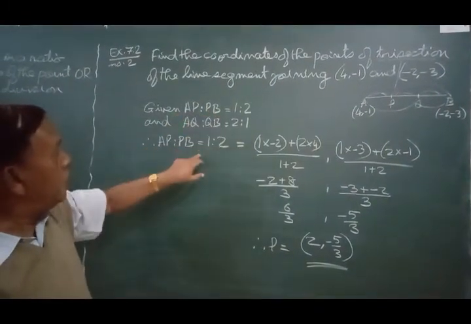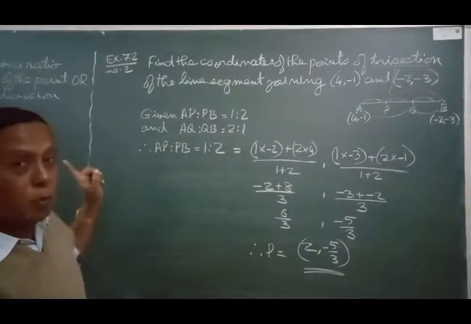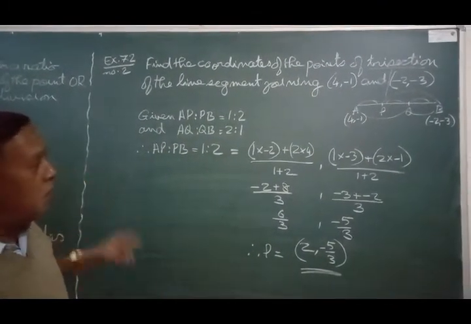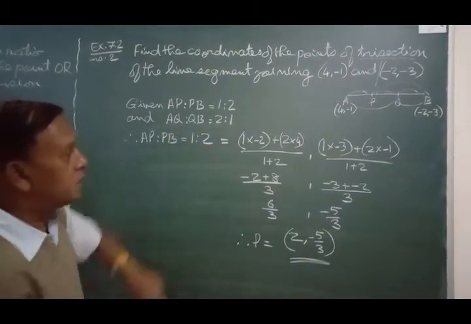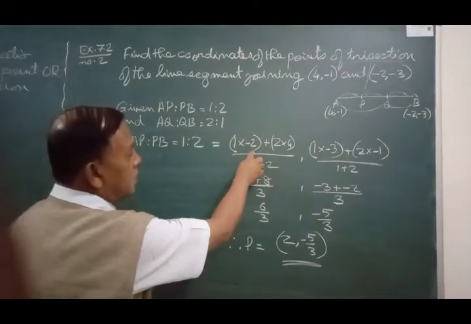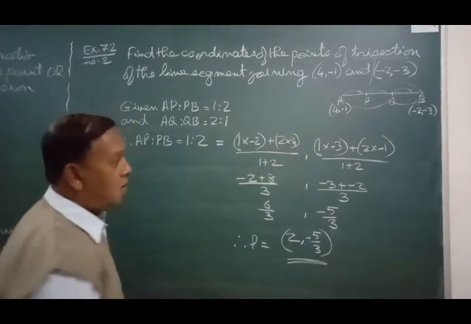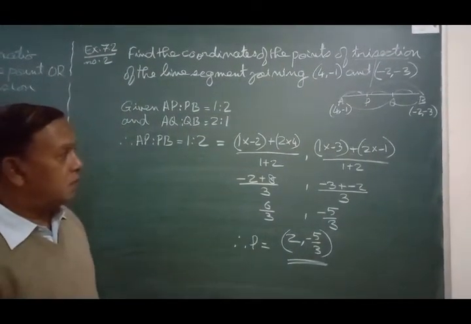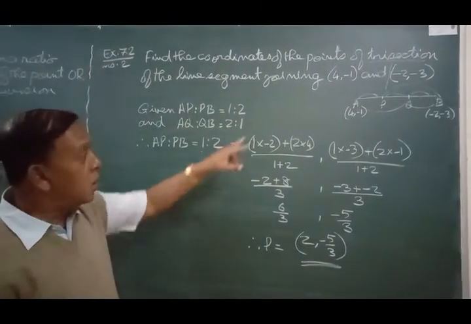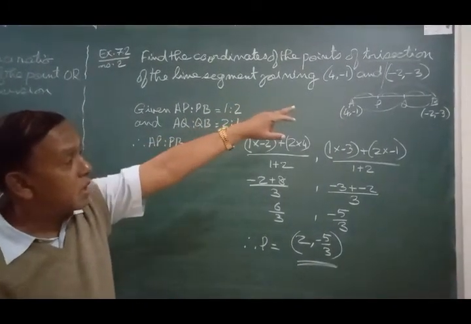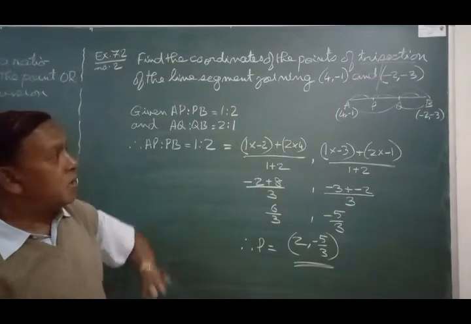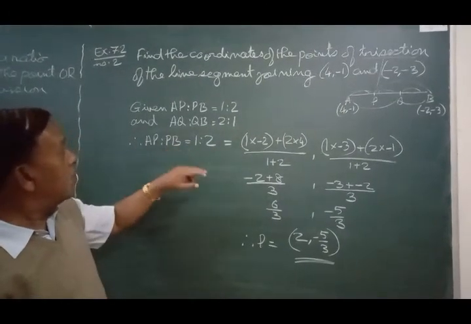AP upon PB is 1 is to 2. Again we apply the section formula. Remember the second formula and apply it here. We are just substituting the numbers that have been given to us: first number, second number, and then the ratio.